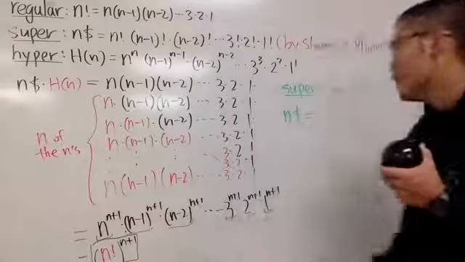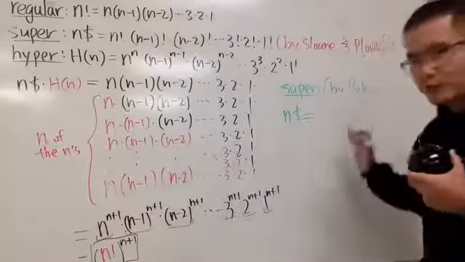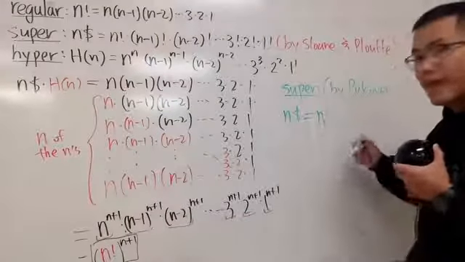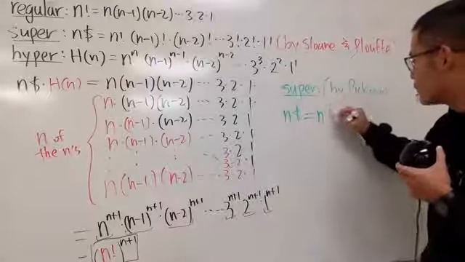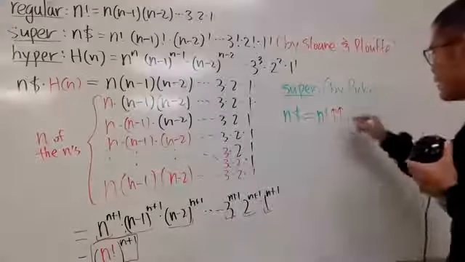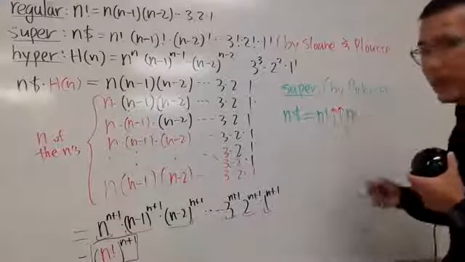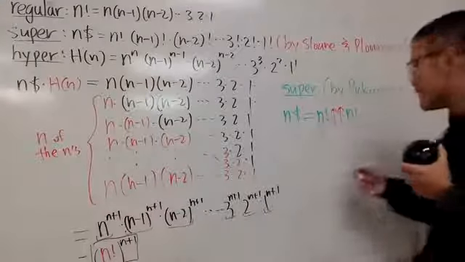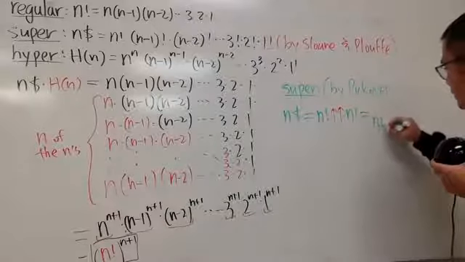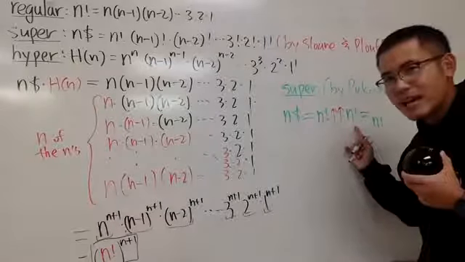So check this out. When we have this version of the superfactorial, what we do is we do n factorial, and then we do the up arrow, 2 of them. So this means the tetration, okay? And then n factorial, like this. So what exactly do we mean? Well, here is your base, so you have n factorial to start with. And this right here, it's the height.